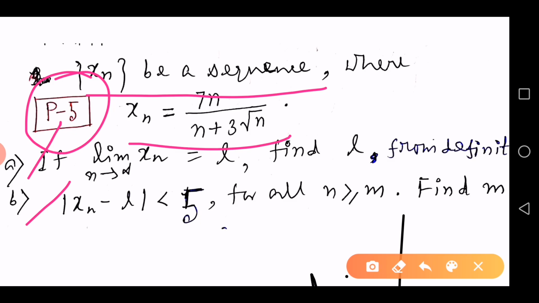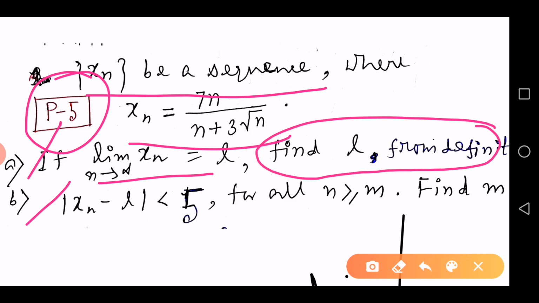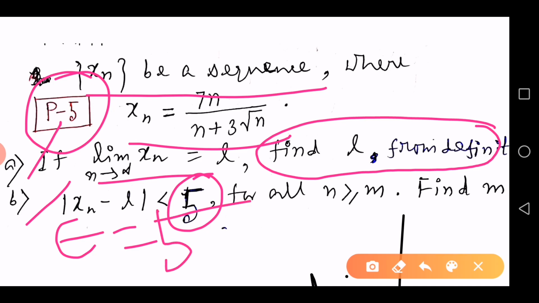First part, we have to show from the definition of limit of a sequence that xn converges to L. And second part, if epsilon is equal to 5, we are required to find out the value of m. So let us come to them one by one.